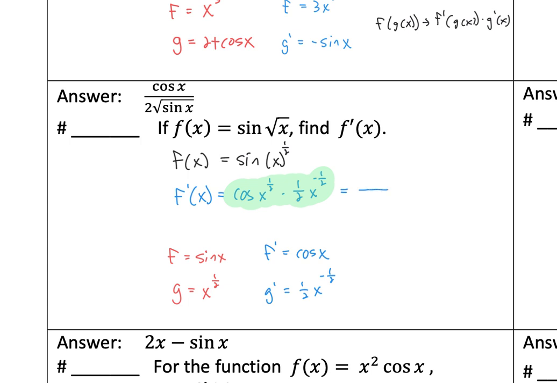We'll make a fraction: the cosine of root x will be on top, and that 2 stays on the bottom, and then this is a root x on the bottom since it has a negative exponent. So for multiple choice, or on this worksheet, it'll probably look like that.